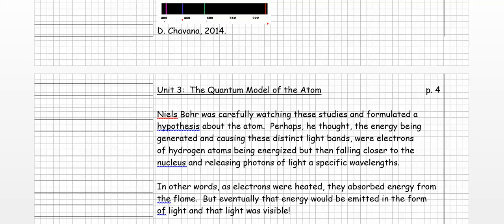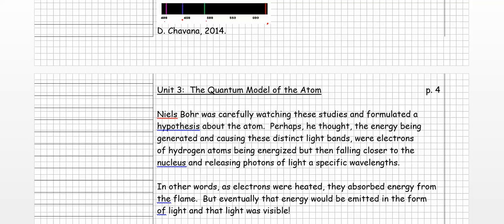Niels Bohr was carefully watching these studies and formulated a hypothesis about the atom. Perhaps, he thought, the energy causing these distinct light bands was electrons of hydrogen atoms being energized, but then falling closer to the nucleus and releasing photons of light at specific wavelengths.